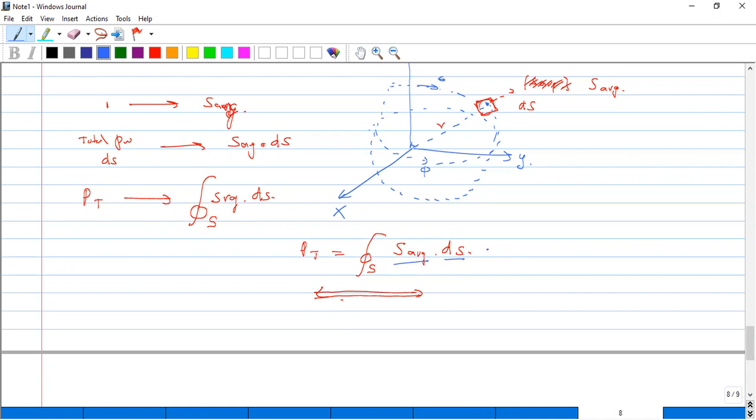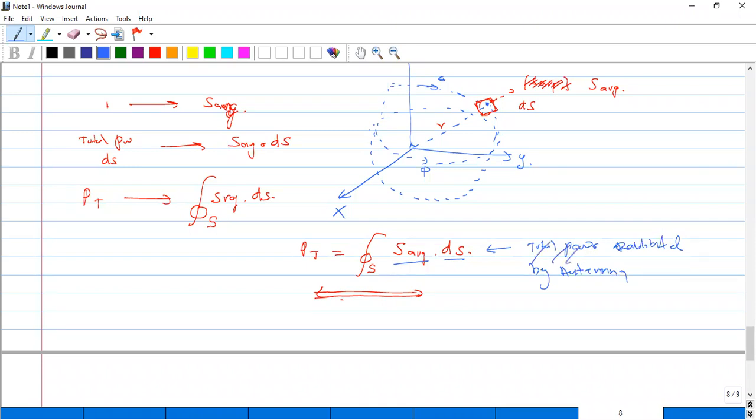So the total radiated power is the total power radiated by the antenna, the total power passing through this sphere.